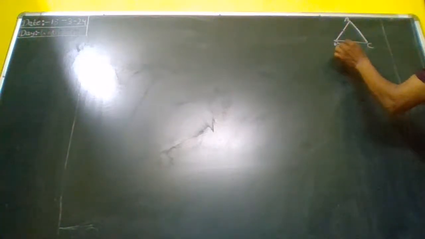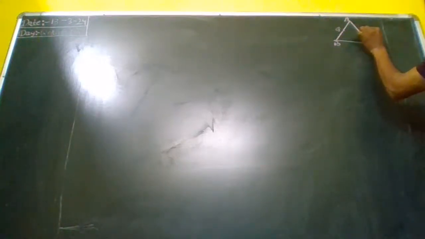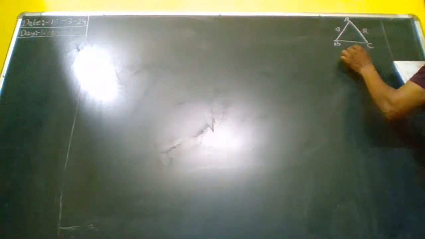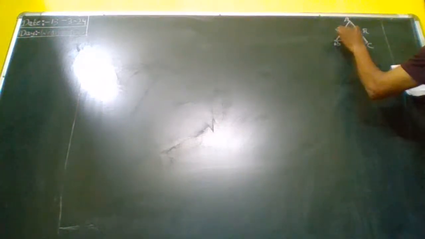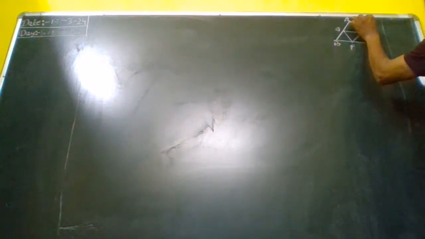One is on AB, which is denoted as Q, and one is on AC, which is denoted as R, and of course not 2, 3. One more is here, denoted by P. Respectively, P is the midpoint of BC, Q is the midpoint of AB, and R is the midpoint of AC. The coordinates of these points are given: A is (0, -1).